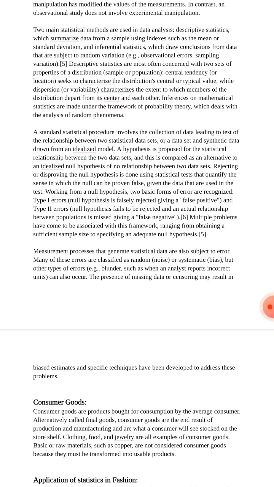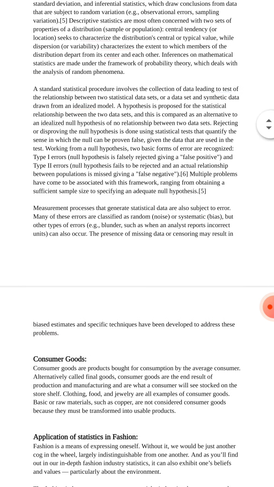Type 2: the null hypothesis fails to be rejected, and an actual relationship between the populations is missed, giving a false negative. Multiple problems have come to be associated with this framework, ranging from obtaining a sufficient sample size to specifying an adequate null hypothesis.